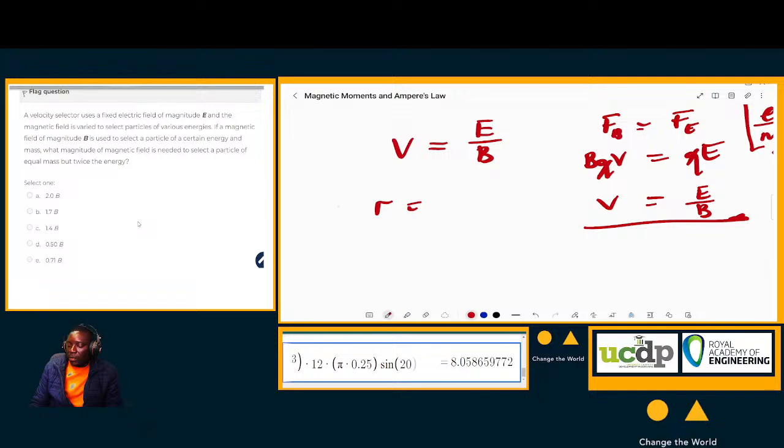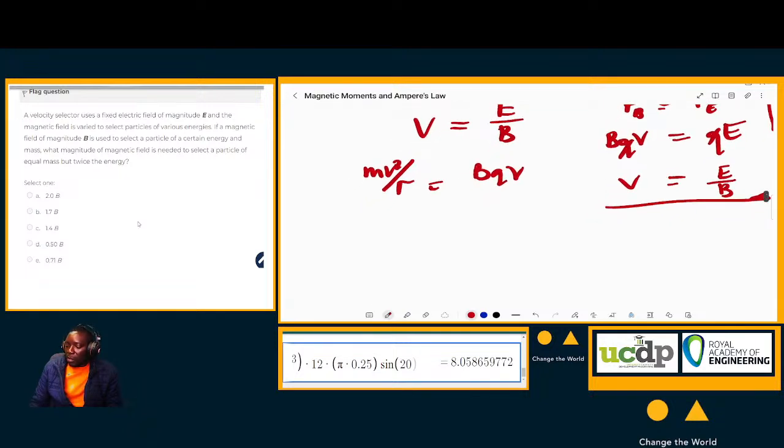So this r is basically given by mv squared. So we know that we've got the magnetic field giving a centripetal force. So mv squared over r will be equal to BQV.